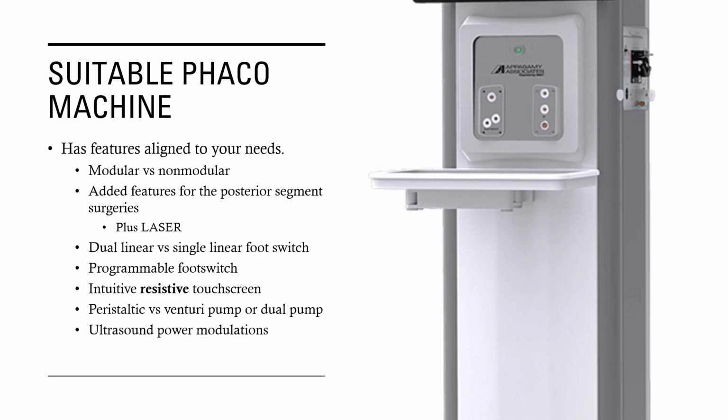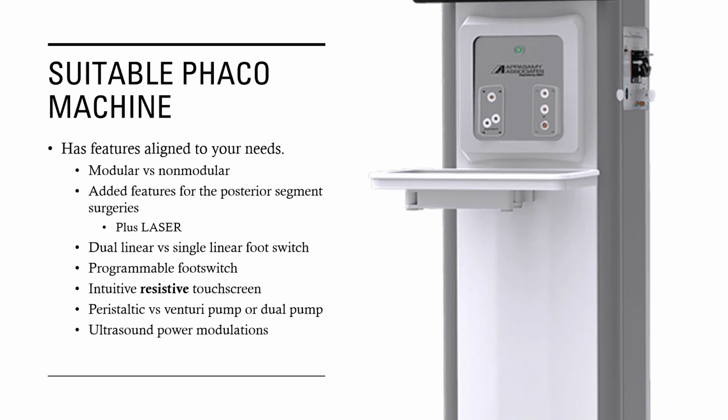There are machines which have this capability, and worth mentioning is the Optikon company, which provides a module which you can upgrade to the posterior segment. The added features for posterior segment surgeries include good vitrectomy, fluid air exchange, and silicone oil or viscous fluid injection, and it may have laser also.